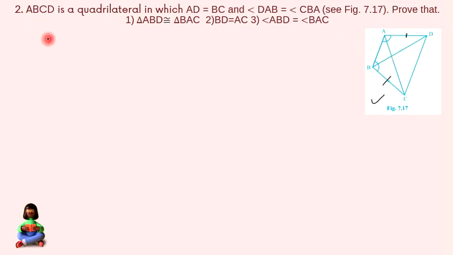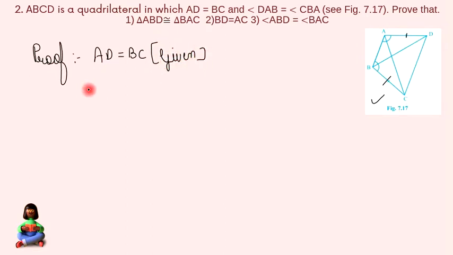Here I am writing proof. First, we will write the things given to us. So, AD is equal to BC. This is given. Then, angle DAB is equal to angle CBA as it is given. Now, we have to prove that triangle ABD is congruent to triangle BAC.